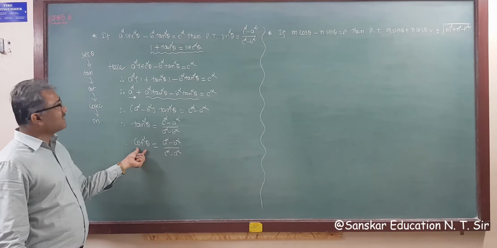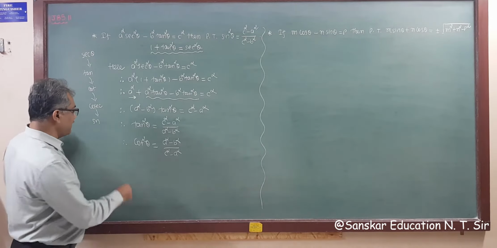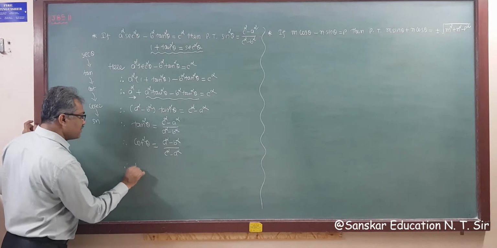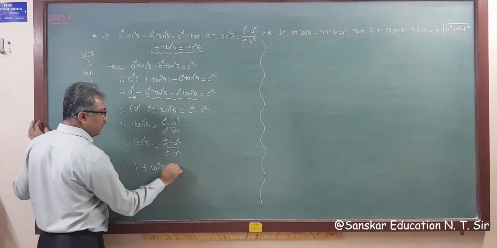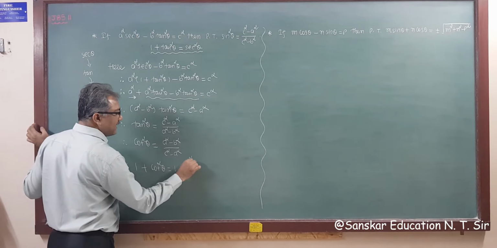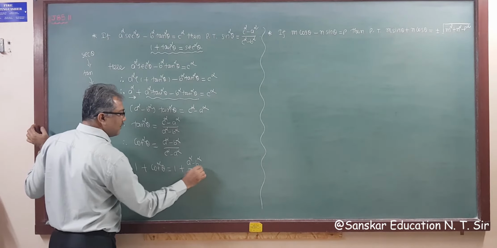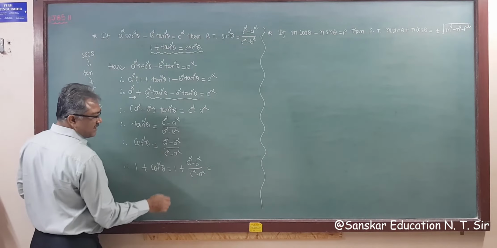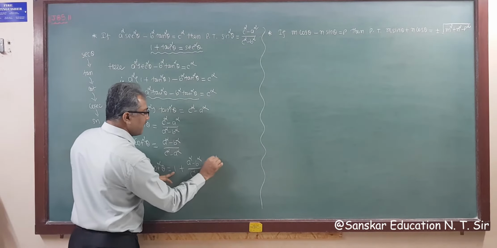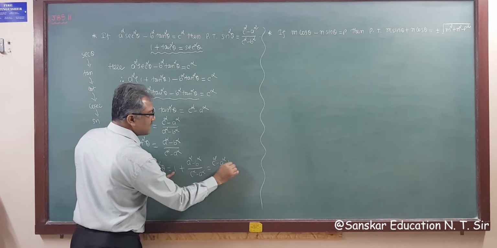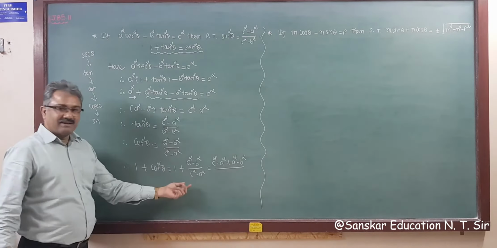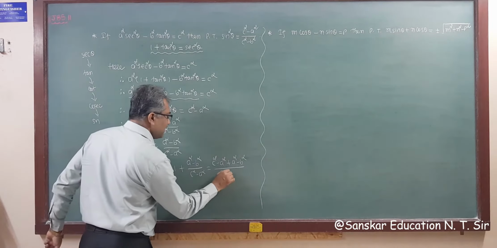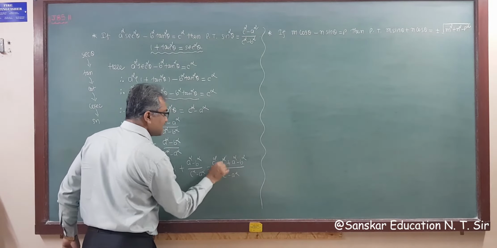Now 1 plus cot square theta is cosec square theta, so adding 1 on both sides, 1 plus cot square theta is equal to 1 plus a square minus b square whole upon c square minus a square. So taking LCM, c square minus a square plus a square minus b square whole upon c square minus a square as it is.